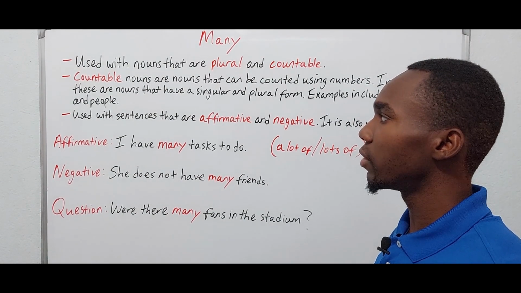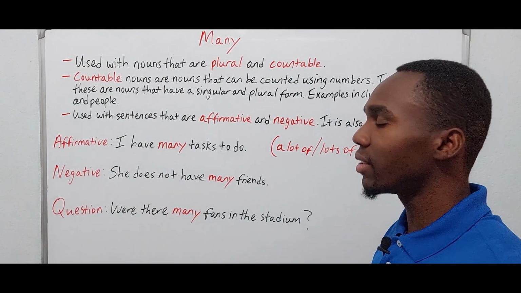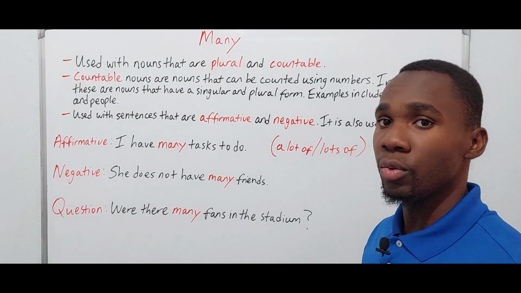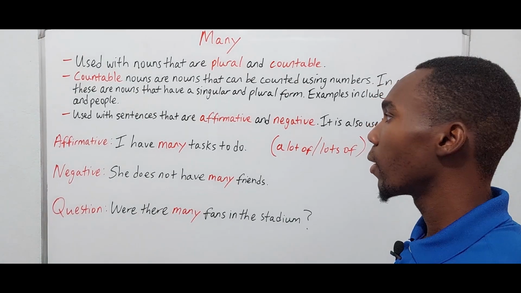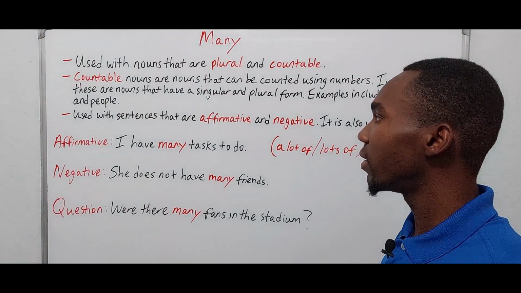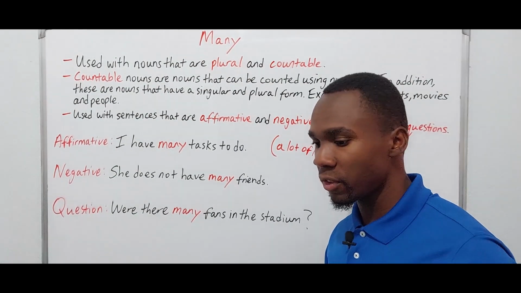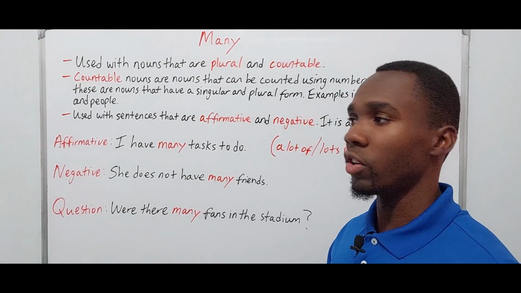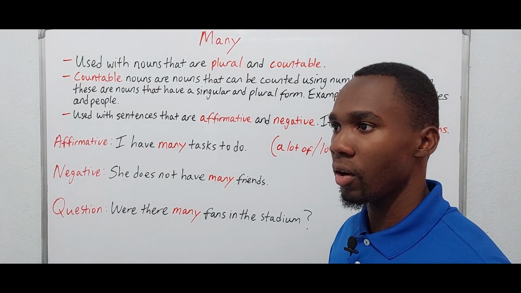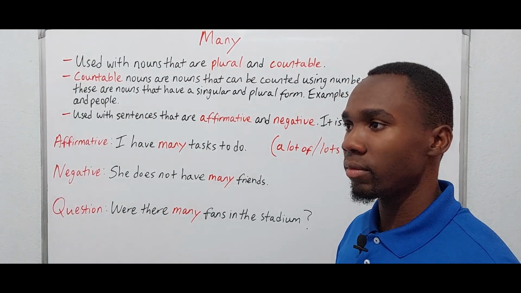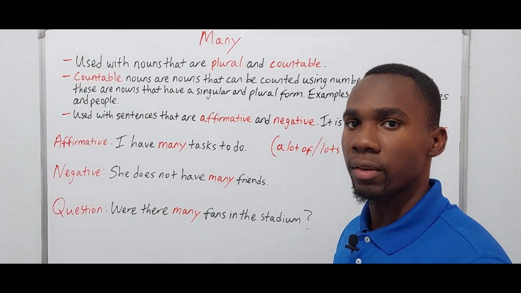But yes, so let's see the types of sentences in which we use many. So use with sentences that are affirmative and negative. So affirmative simply means positive. So it's just a statement of something, right? It's not negative. Negative would be the opposite, right?